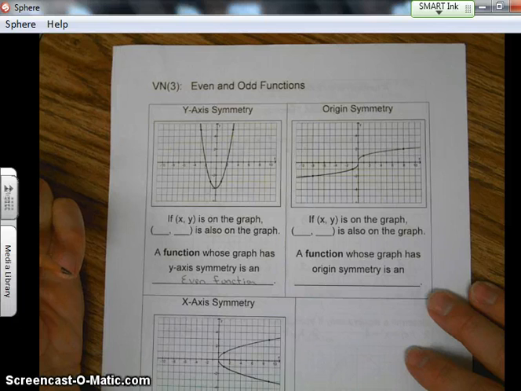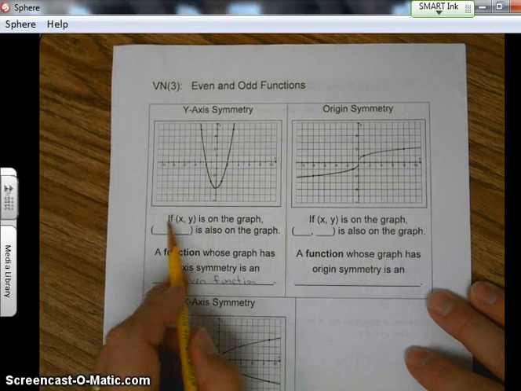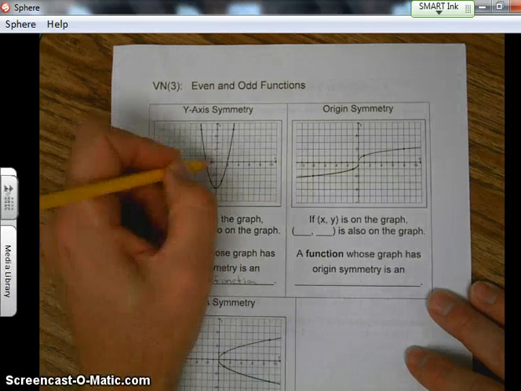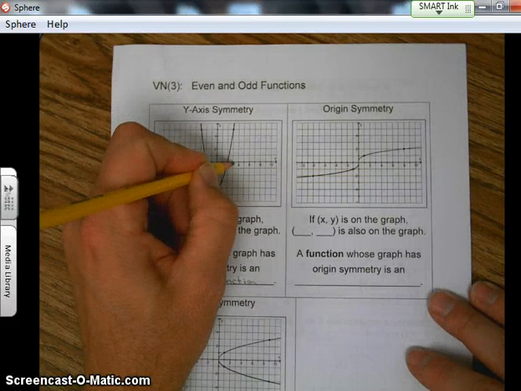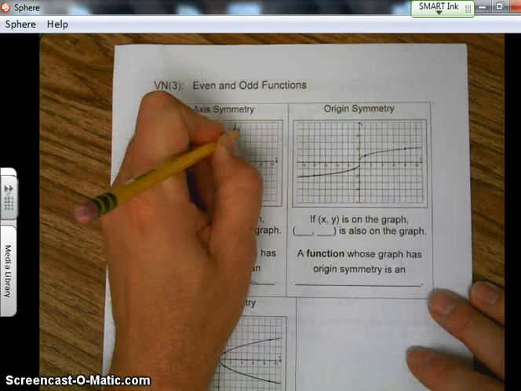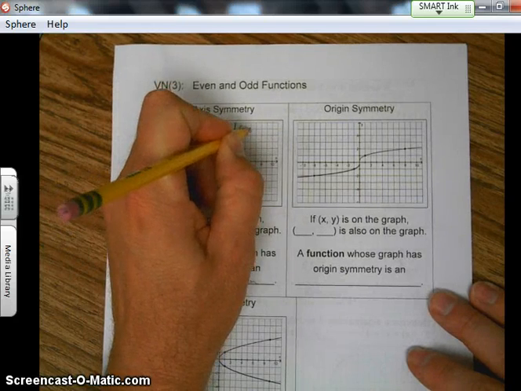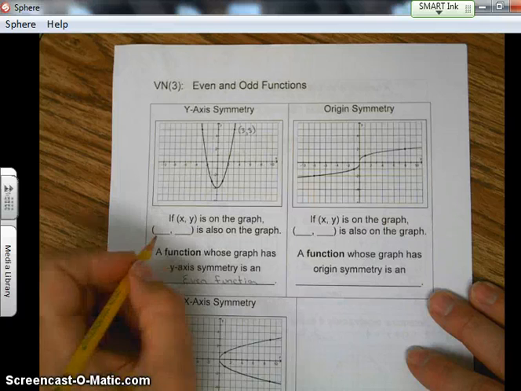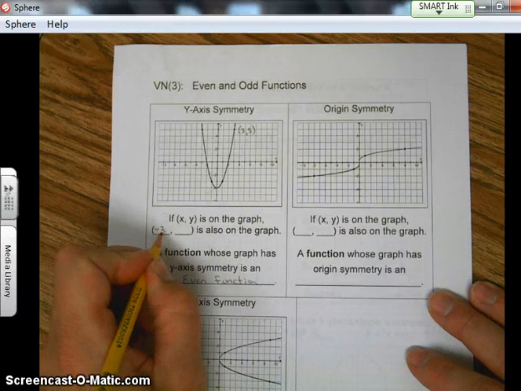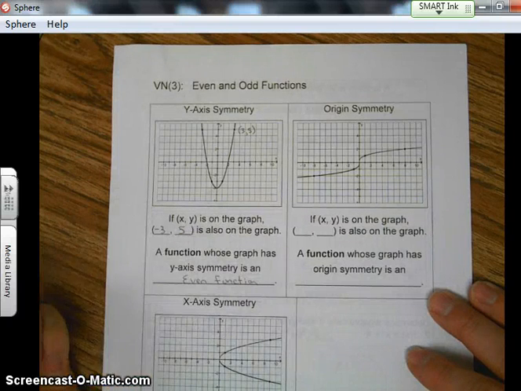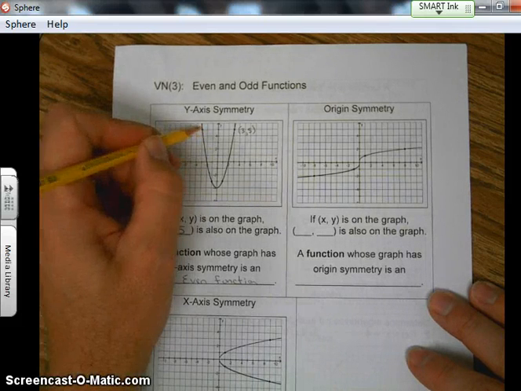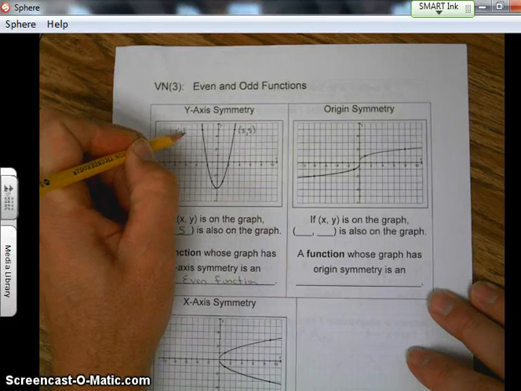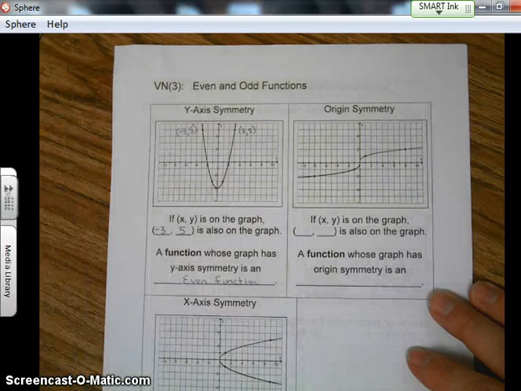So if (x, y) is on the graph, say (3, 5), then (negative 3, 5) is also on the graph.